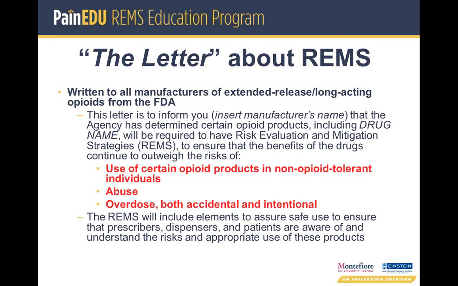They felt that also made it possibly more likely to be a formulation that was attractive for abuse, and that it could be much more likely to result in either accidental or even in some cases intentional overdose. So it was a measured decision, I guess, is the way that I would describe it, that the Food and Drug Administration decided to limit this just to the extended release long-acting opioids.